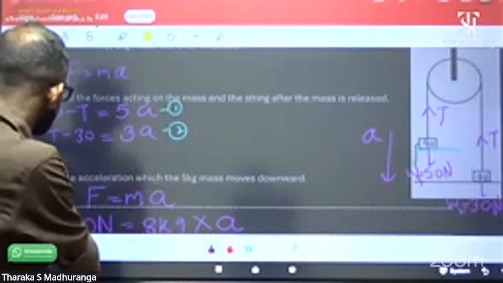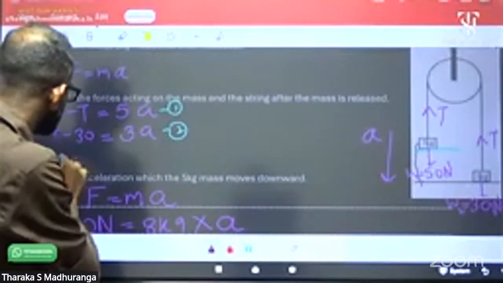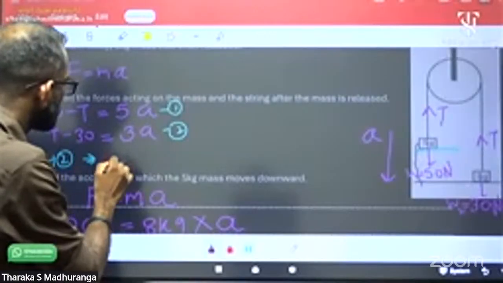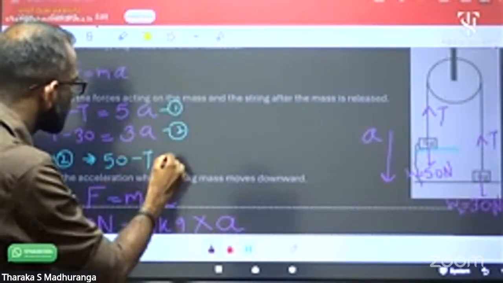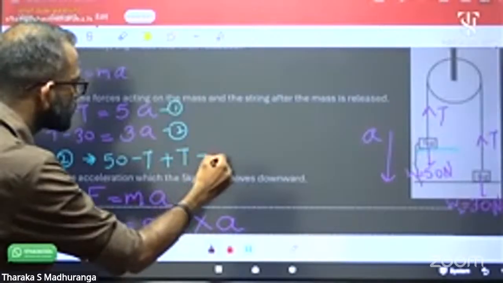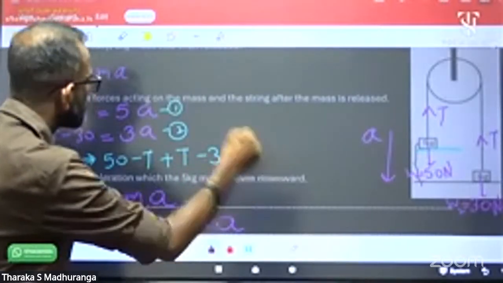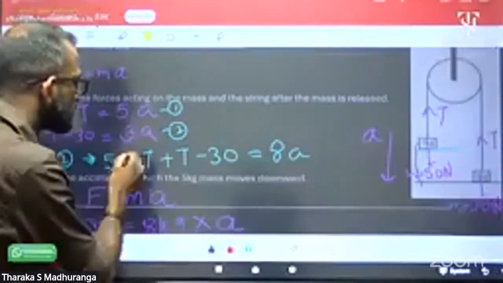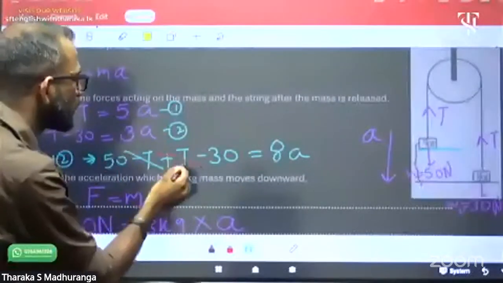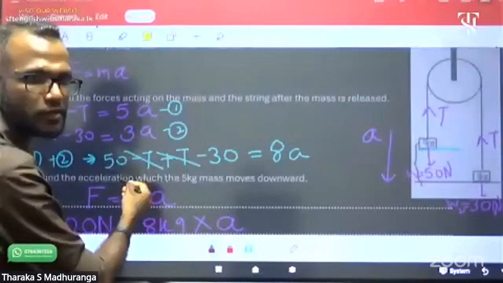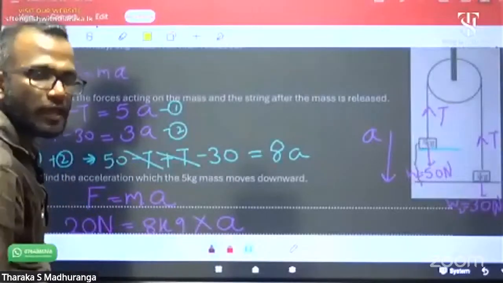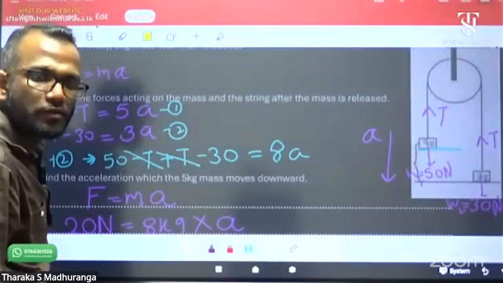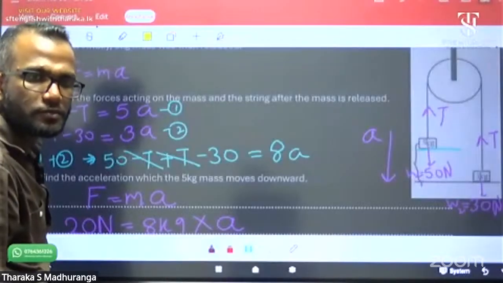I am going to add the first equation to the second: 50 minus T plus T minus 30 equals 5a plus 3a. Minus T and plus T cancel out. That's why directly I got 50 minus 30 equals 8a, a equals 2.5. Understood?